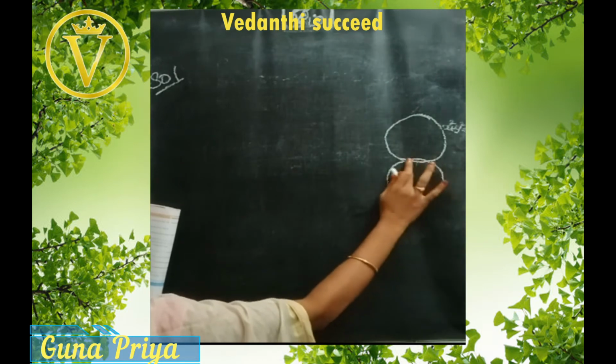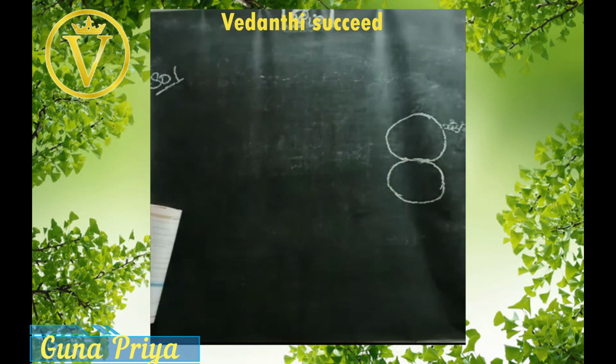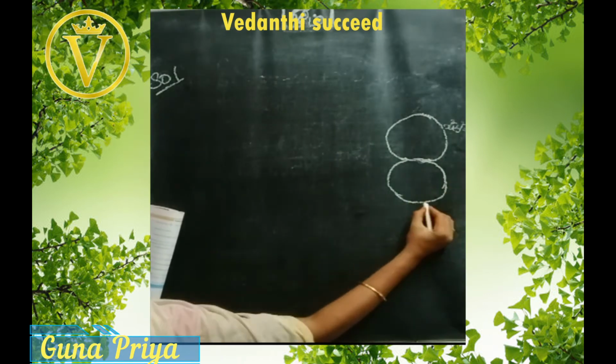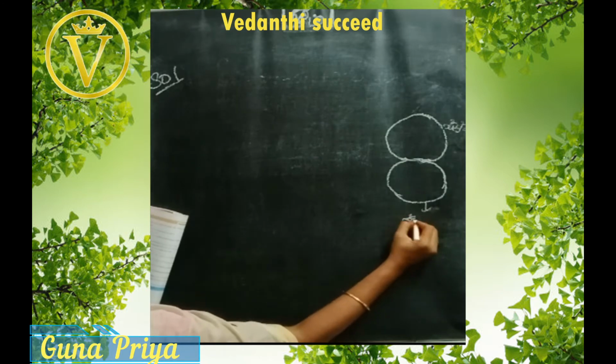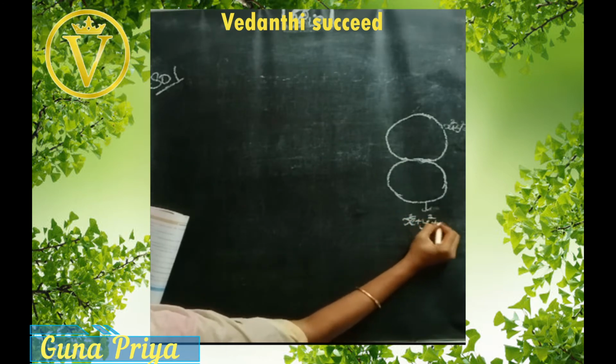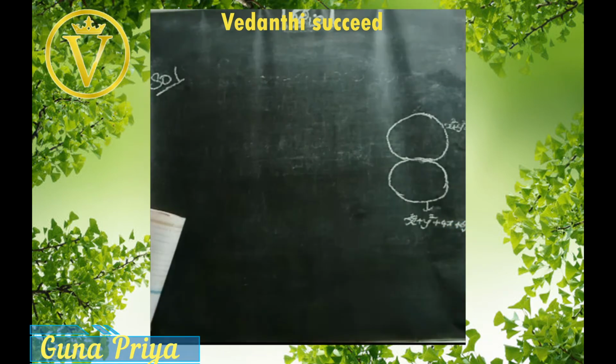That circle equation is x square plus y square plus 4x plus 6y equals 0.